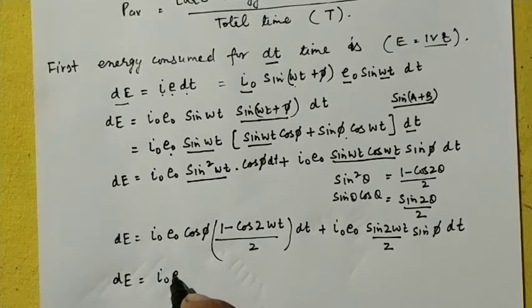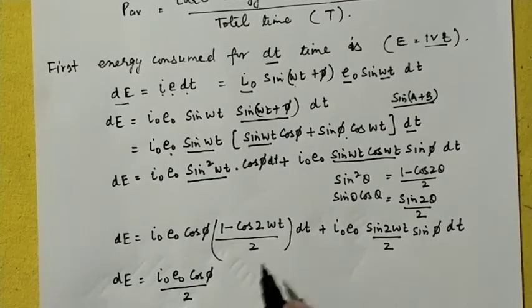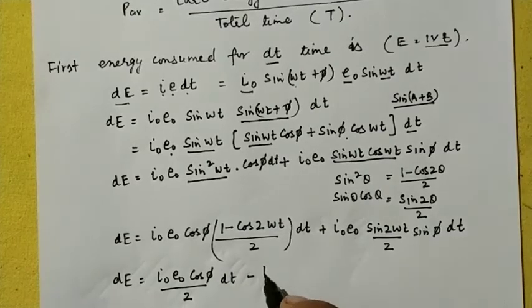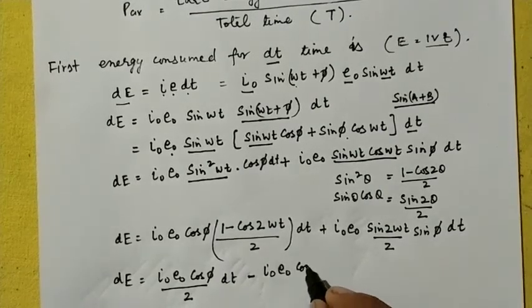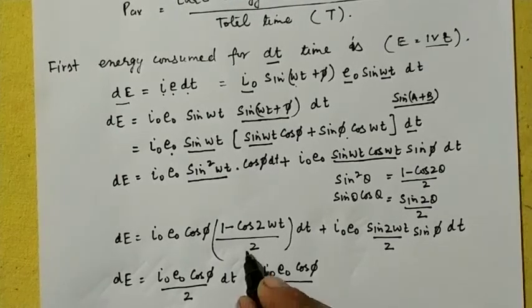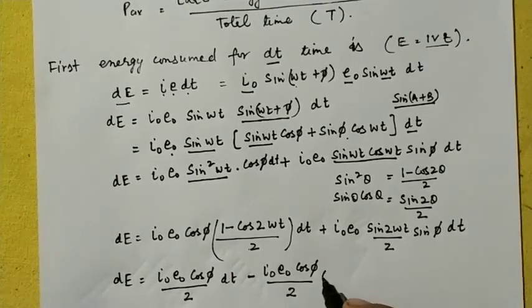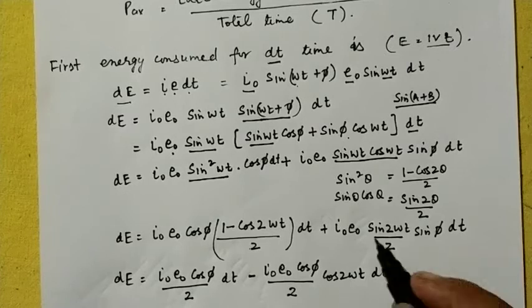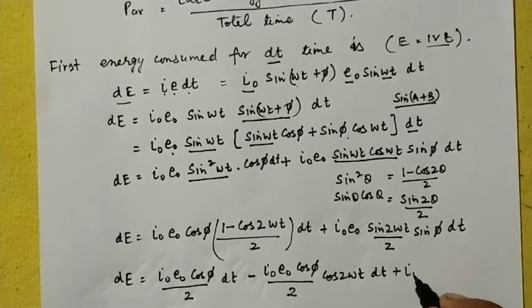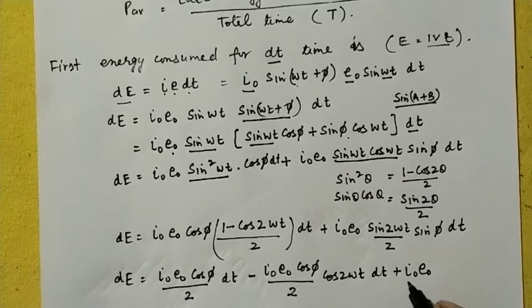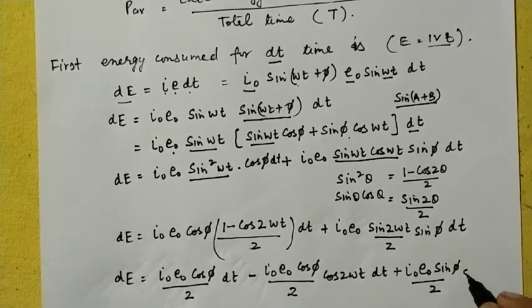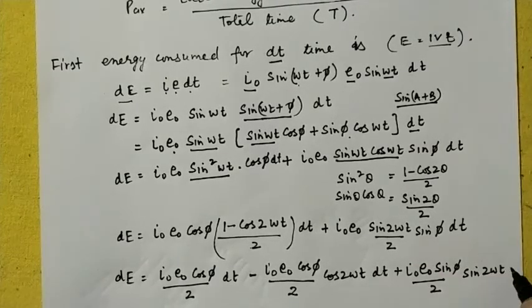Finally we get I naught E naught cos of phi divided by 2 into dt, minus I naught E naught cos of phi divided by 2 into cos of 2 omega t into dt, plus I naught E naught sine phi divided by 2, and we are left with only sine of 2 omega t and dt.